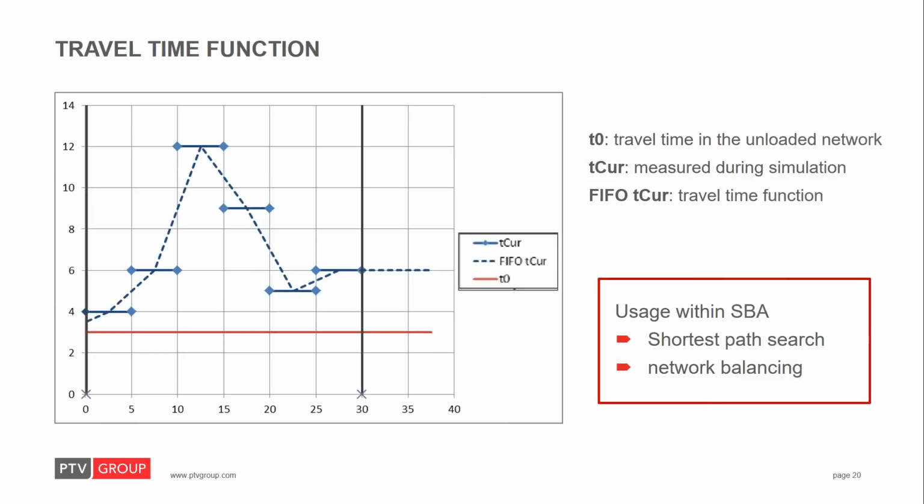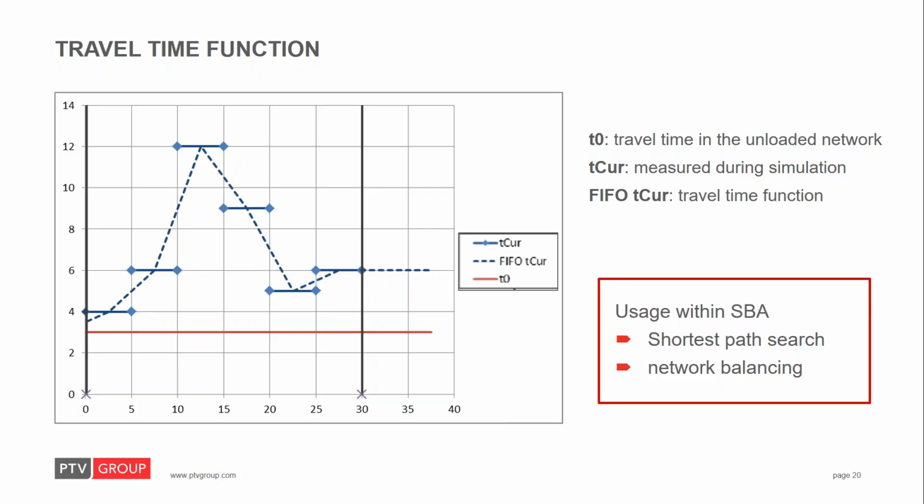So once the travel times are measured, we can derive travel time functions. We can see one function, for example, for a link with a specific turning movement. In this example, it is assumed that travel times are measured in 5-minute intervals over an assignment period of 30 minutes, followed by an extension period.